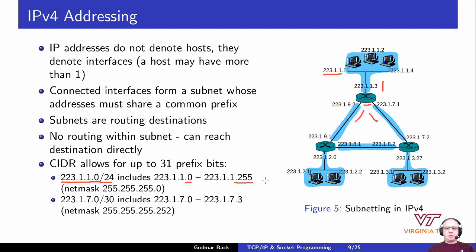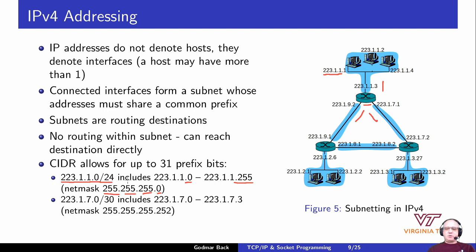This distinction between which bits in the address are being used to address interfaces within the subnetwork and which ones are constant is also referred to as the net mask, which is something that you sometimes may have to enter manually when you configure networking on a computer. In this case, the net mask would be a bit mask, all 1 bits for the first 24 bits, and then 0 bits, and that is equivalent to the so-called /24 notation.